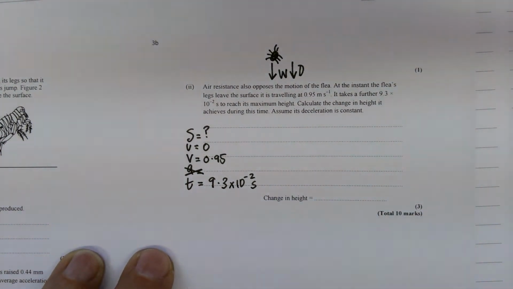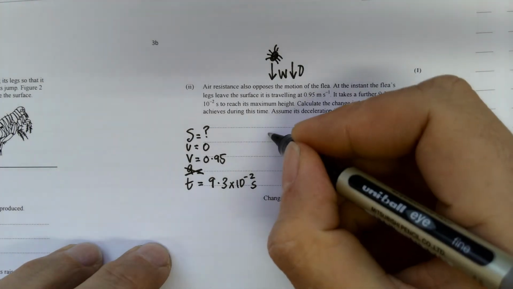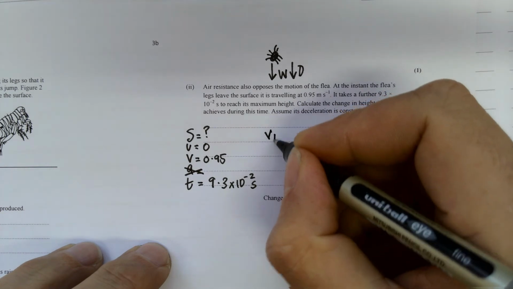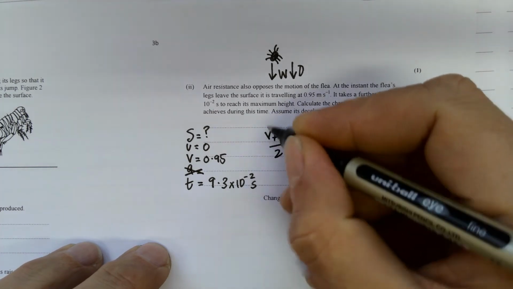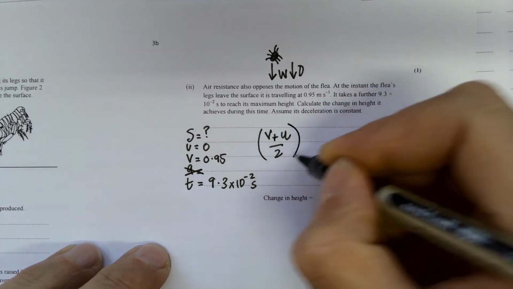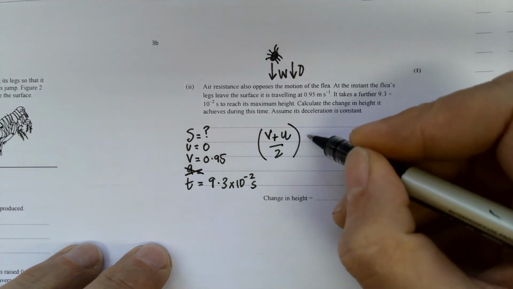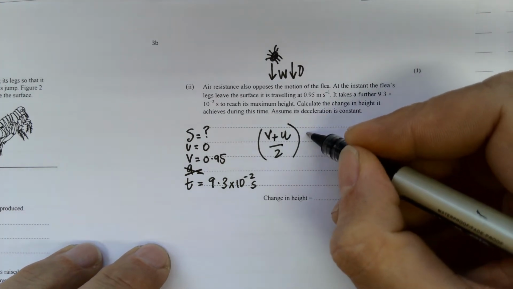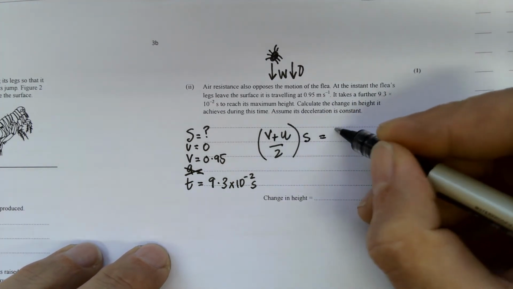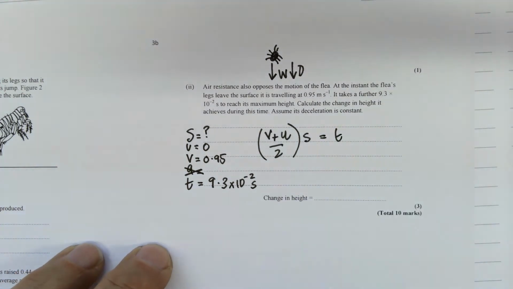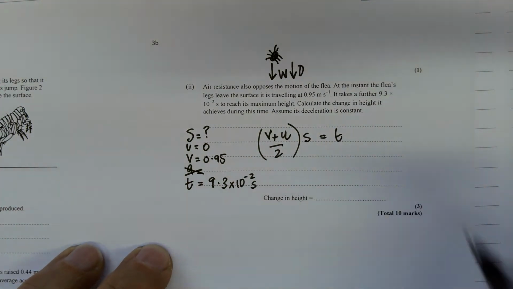So when I initially did this, I did it a very complicated way. It turns out that there is an easy way of doing this. I just didn't really think straight. We're just going to use the equation v plus u over 2. I've just done that wrong.